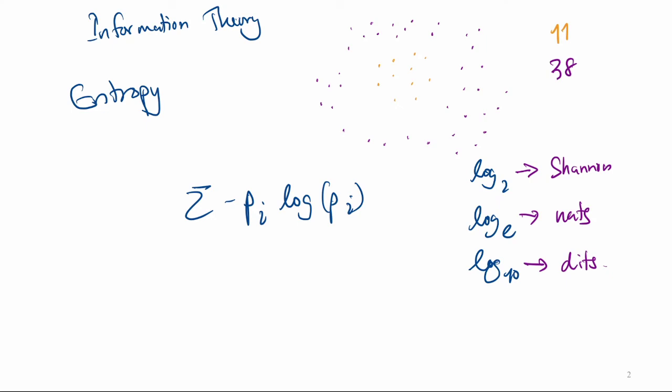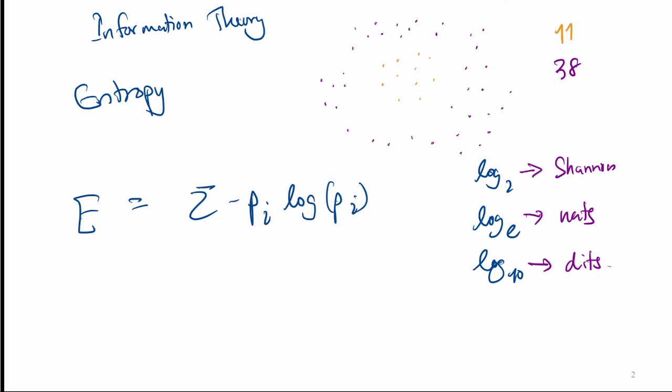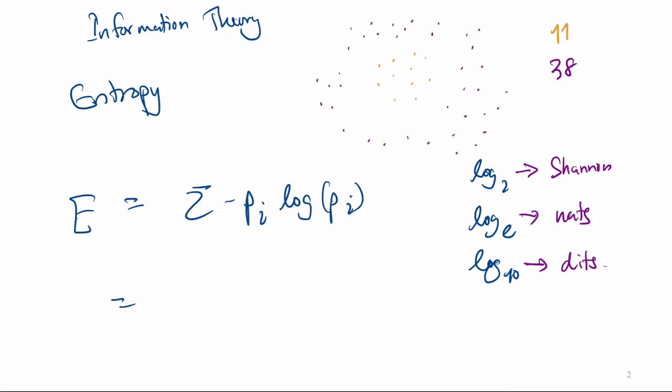Anyway, here we have the equation for entropy. So let's calculate the entropy of our initial state. That is the probability of the ith class times the logarithm of the probability of the ith class. We have two classes, so let's write it down.